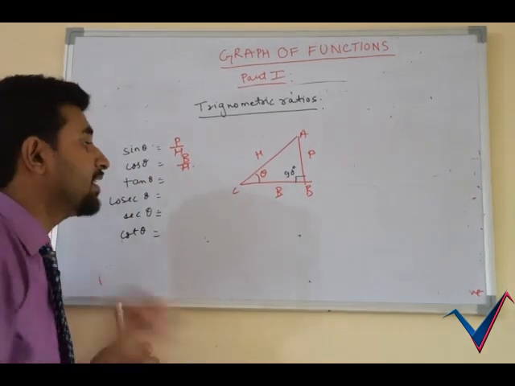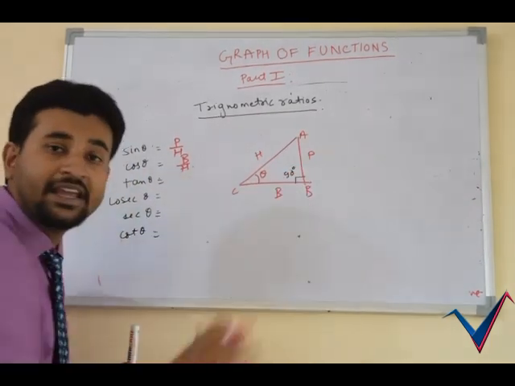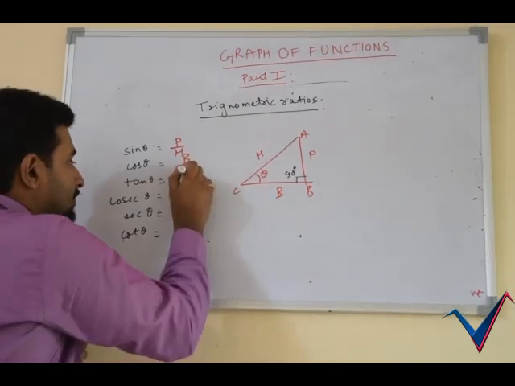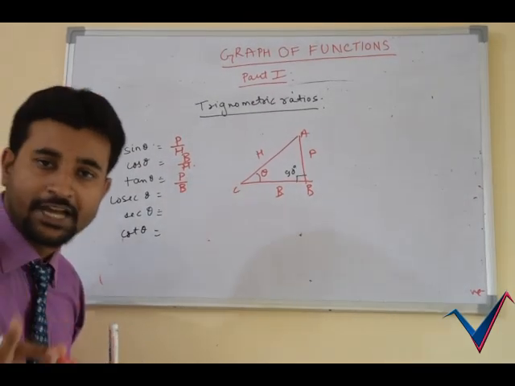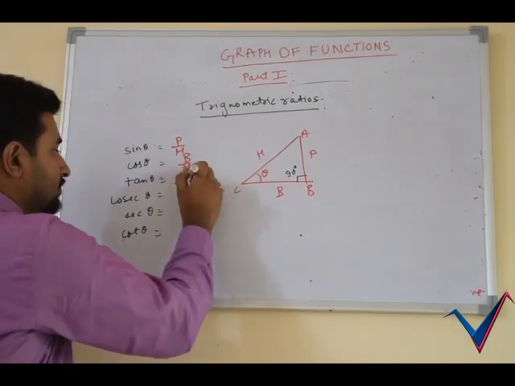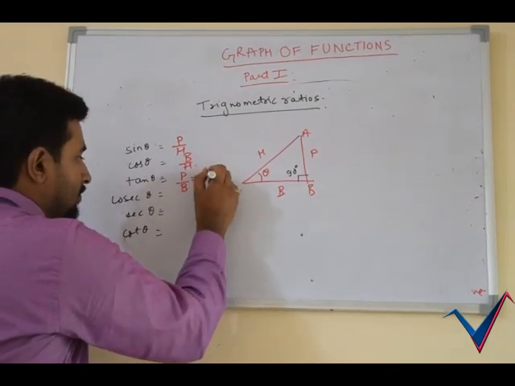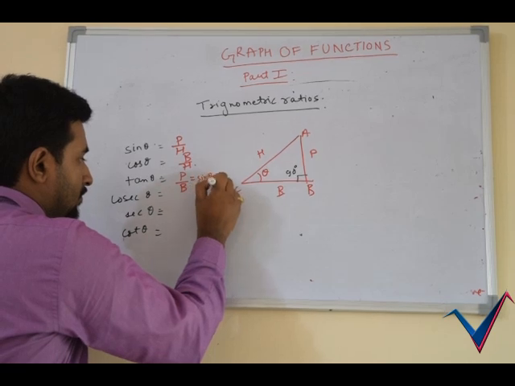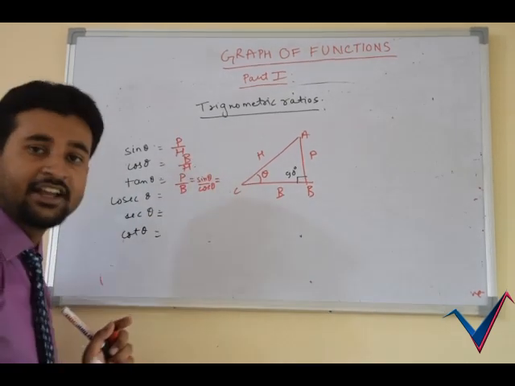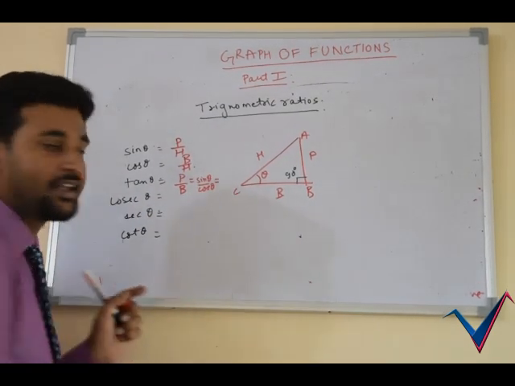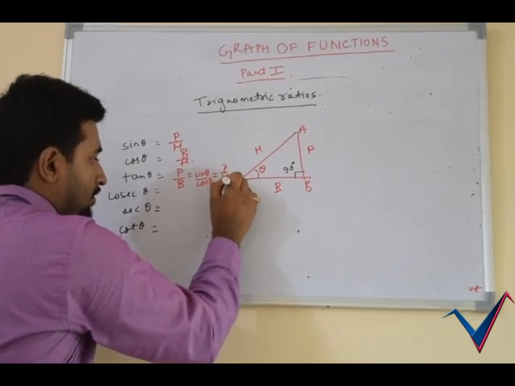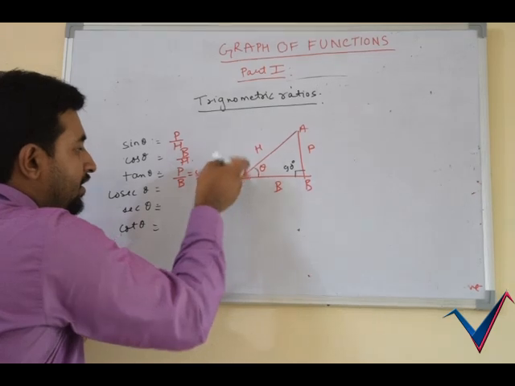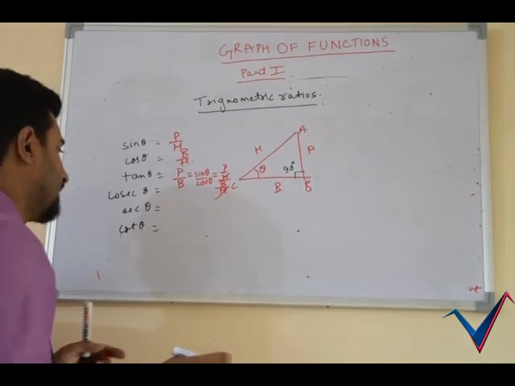And tan theta is equal to perpendicular by base. Tan theta is also equal to sin theta by cos theta. That means sin theta is p by h and cos theta is b by h, so it would simply give you p by b only.